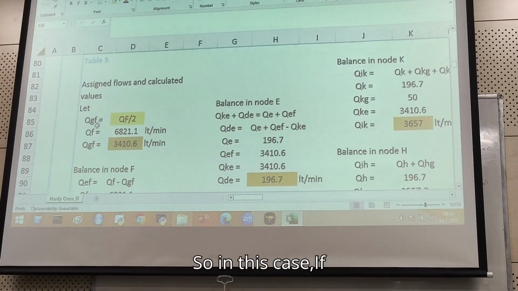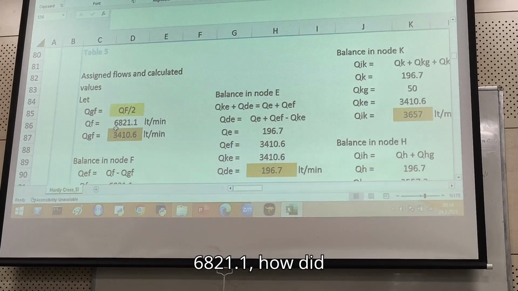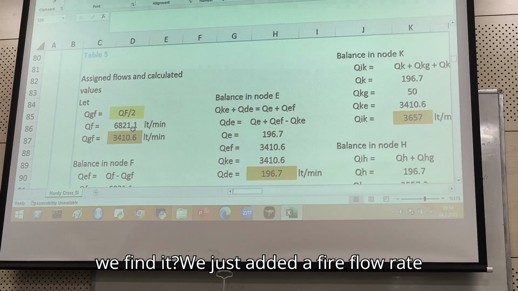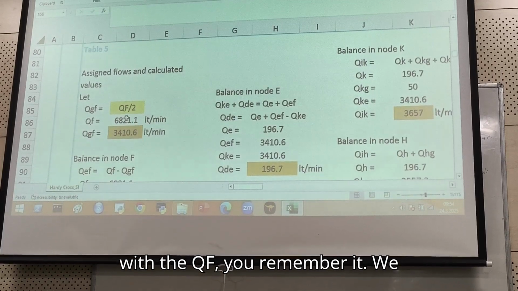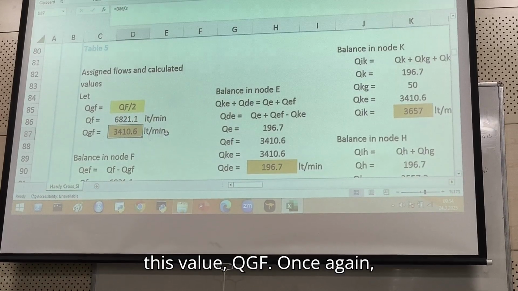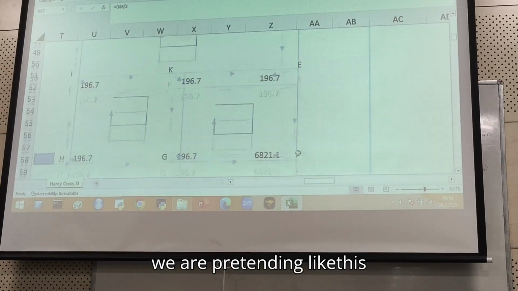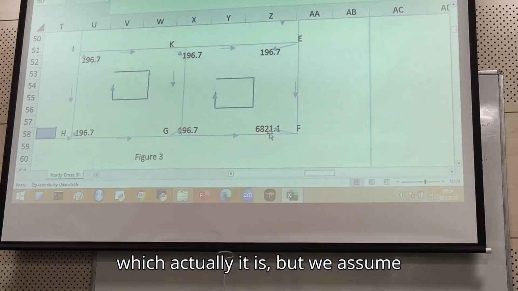Okay? So in this case, if our QF is 6,821.1, how did we find it? We just added the F5 flow rate to the QF. You remember it. We just divided it into 2 and we found this value, QGF. Once again, we are pretending this flow is the summation of this and this, which actually it is.